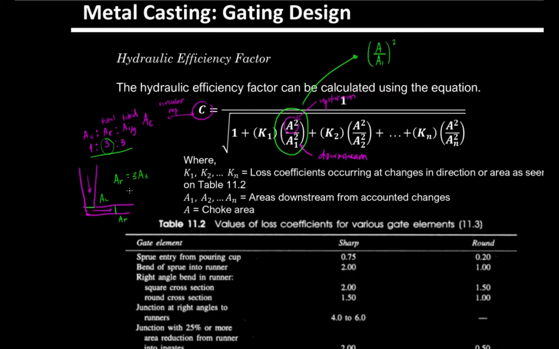Since we know the gating ratio, this will just be equal to A_C over 3 times A_C, where again the runner area is just 3 times A_C. So this cancels out, and we have 1/3 squared. With that, we can solve for the hydraulic efficiency factor, and we'll use that hydraulic efficiency factor to solve for the effective choke area.